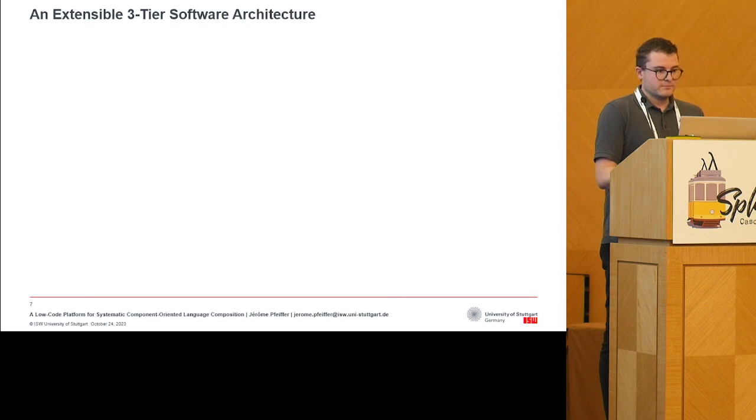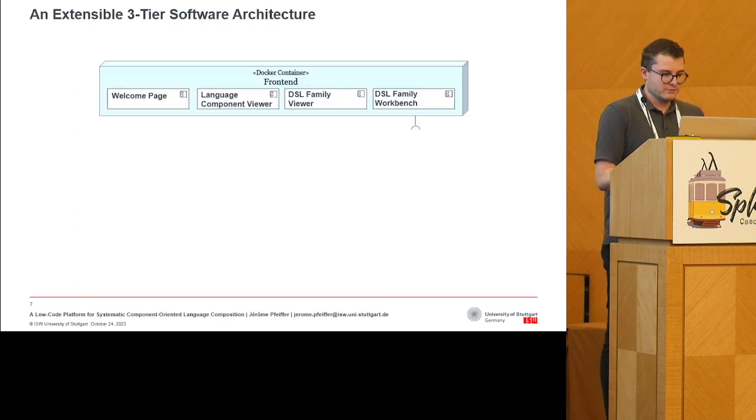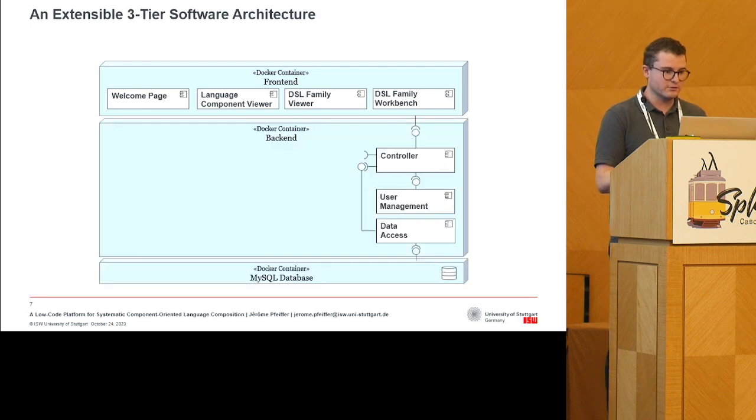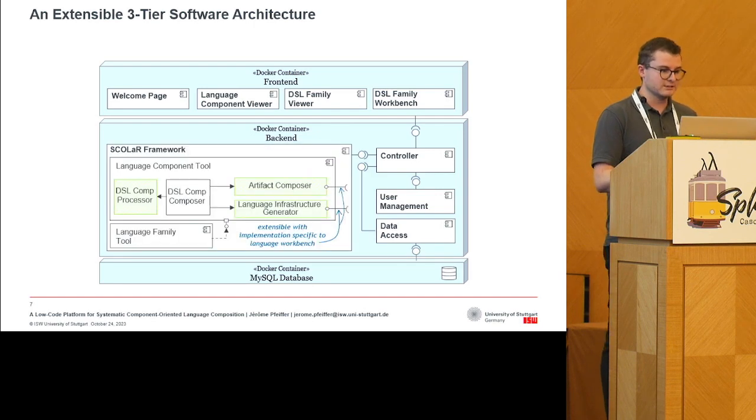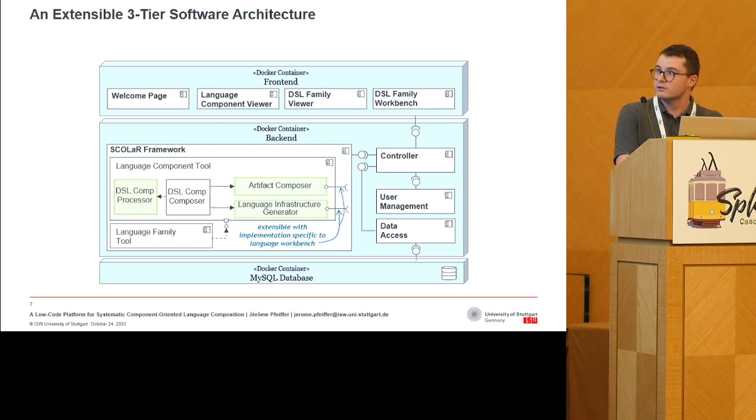So, the software architecture of this low-code platform is a classical three-tier software architecture with a front end, which in our case contains 4 UI components. Then we have a back end comprising a controller, which does the user management and data access. And at the heart of the back end, there is our Scholar framework, which is decomposed into 2 software components. One, the language family tool, is responsible for processing language family models and guiding the composition process along the feature tree.